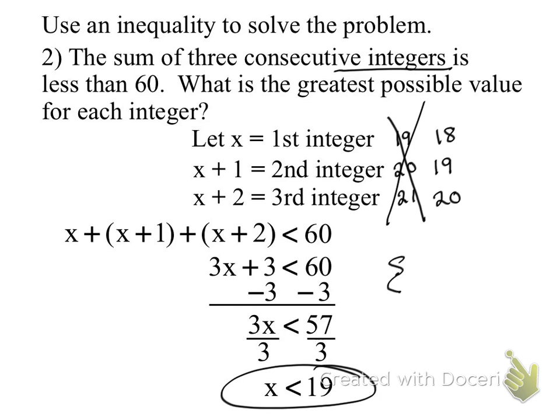So how do I write my consecutive integers? I'm going to remind you. Again, the way we write our consecutive integer answers is in braces. And so it's 18, 19, and 20 are your consecutive integers.